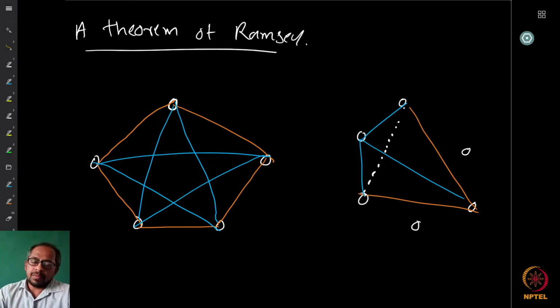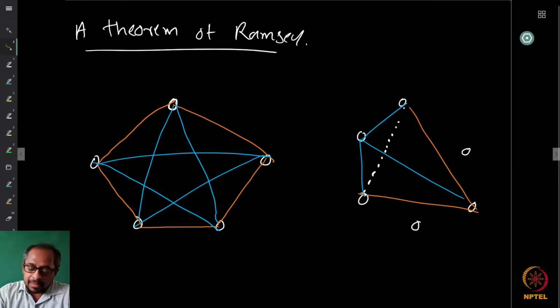So the theorem that we proved was saying that if you have a graph, we also looked at the graph version of the same. If the graph has six or more vertices, you take a six vertex graph, for example, you put all possible edges, you consider the complete graph, and then you color all the edges with just two colors.